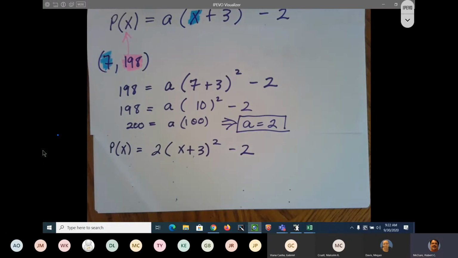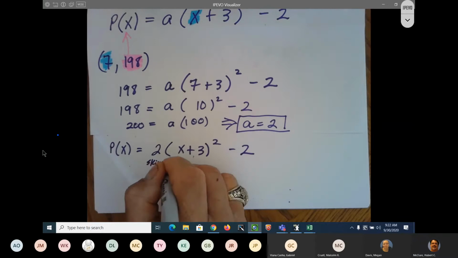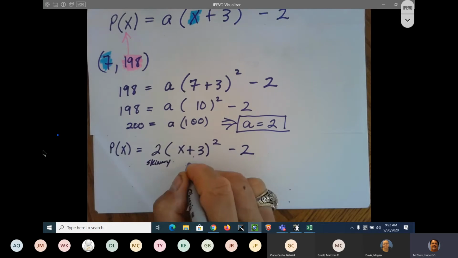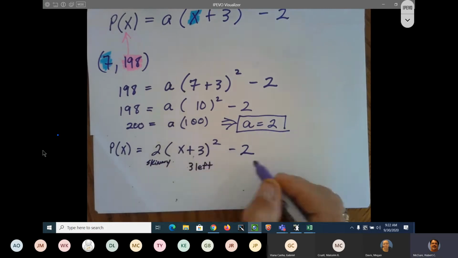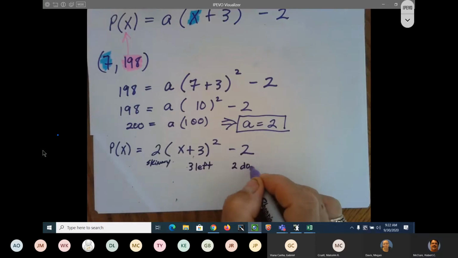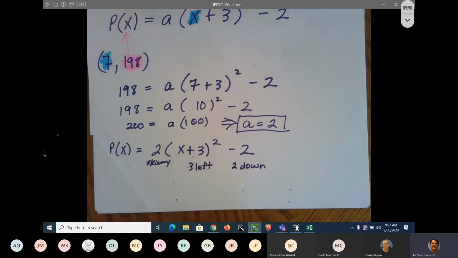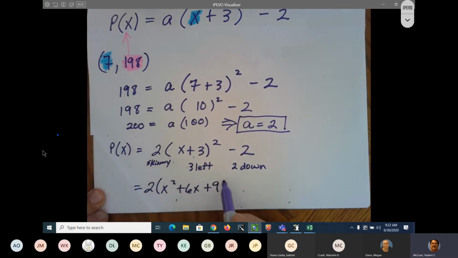Now, just in case, for Chapter 2 review, we've got a skinny parabola with a horizontal shift of 3 to the left and 2 down. That's Chapter 2 material. Okay. Now we're going to do shortcut number 1, and that's going to give us equals 2 times x squared plus 6x plus 9 minus 2, 2x squared plus 12x plus 18 minus 2.